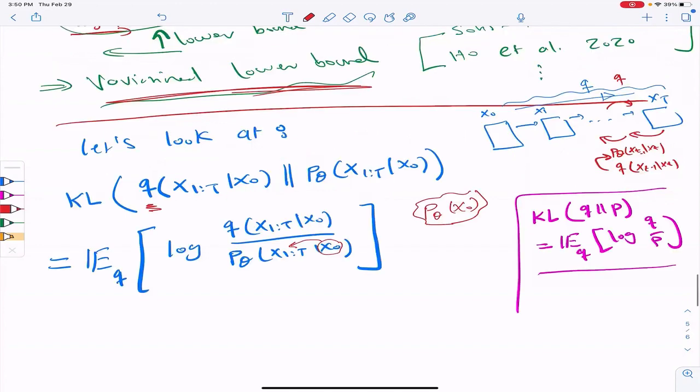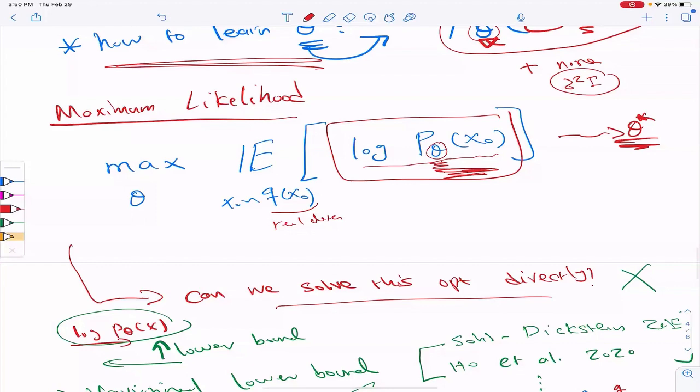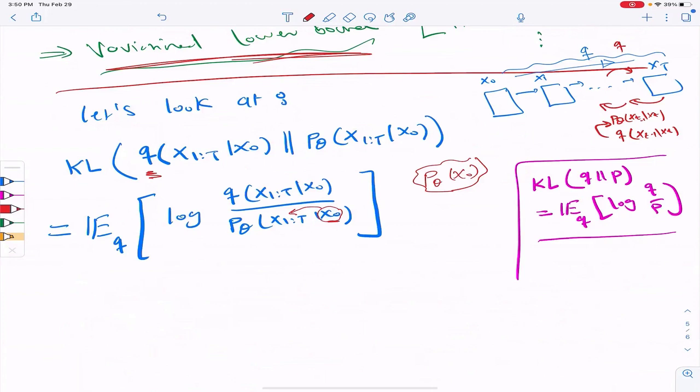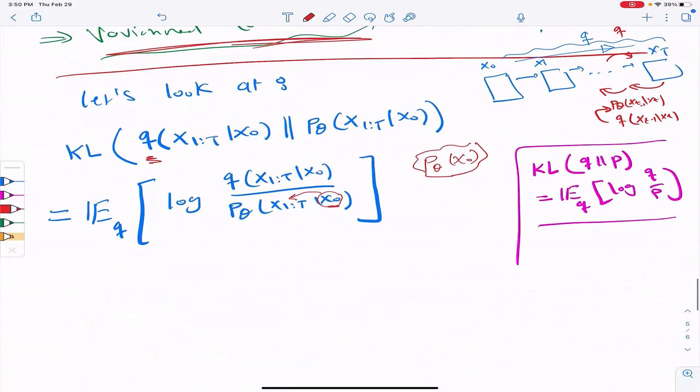That is my end goal. So I don't want this x0 to be in the conditioning for p sub theta. I'm just trying to bring it to the main argument. Okay, so how can I do it?